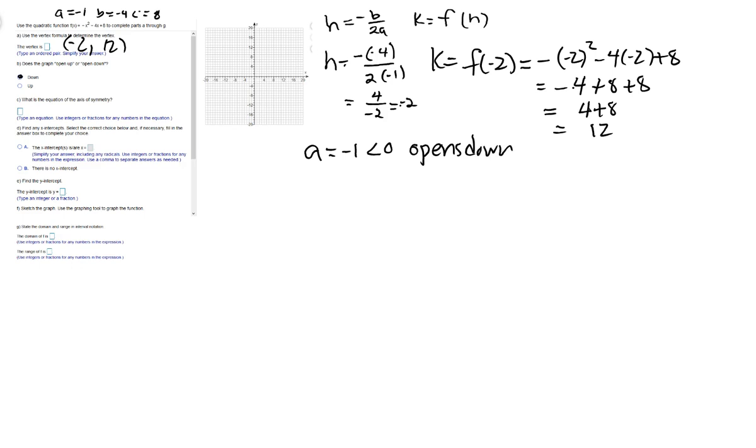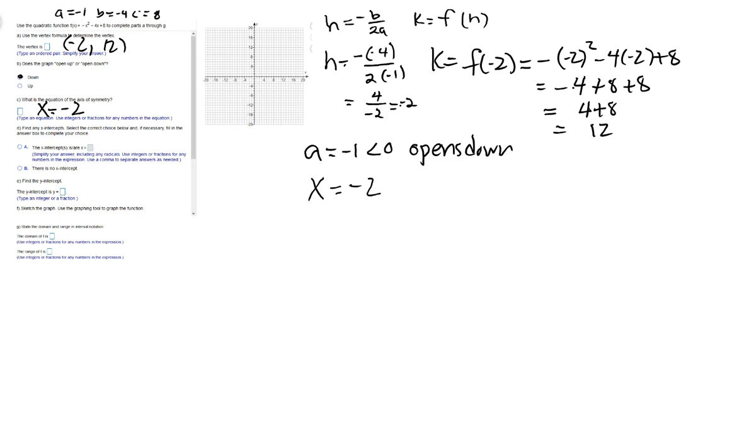This graph opens down. What is the equation of the axis of symmetry? The axis of symmetry is a vertical line passing through the vertex. So it's going to be x equals the x-coordinate of the vertex. x equals -2.